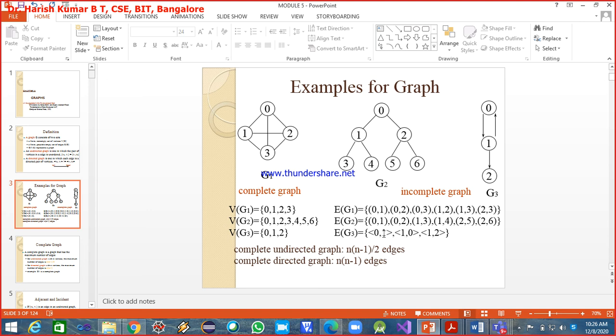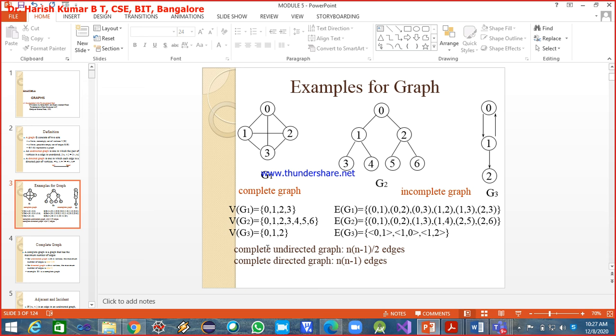From 0 to 1 there is a path, so I can move in this direction, and from 1 to 0 there is also a directed path. After that, there is a directed path from vertex 1 to 2. This is how you can write the set of vertices and the set of edges for the complete graph and for the incomplete graph.